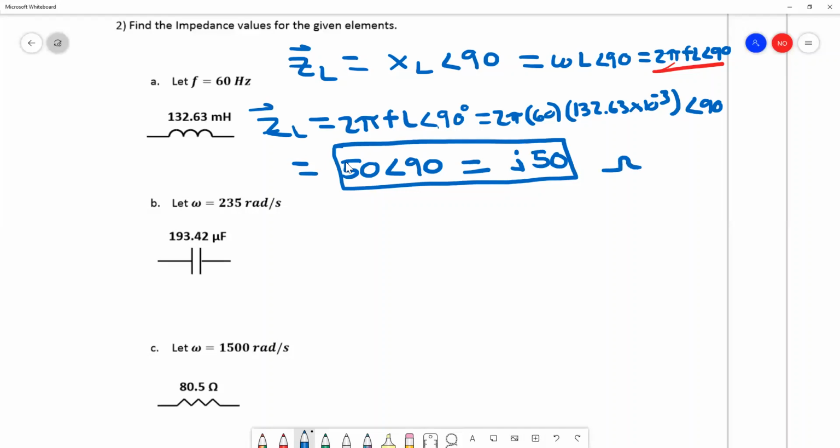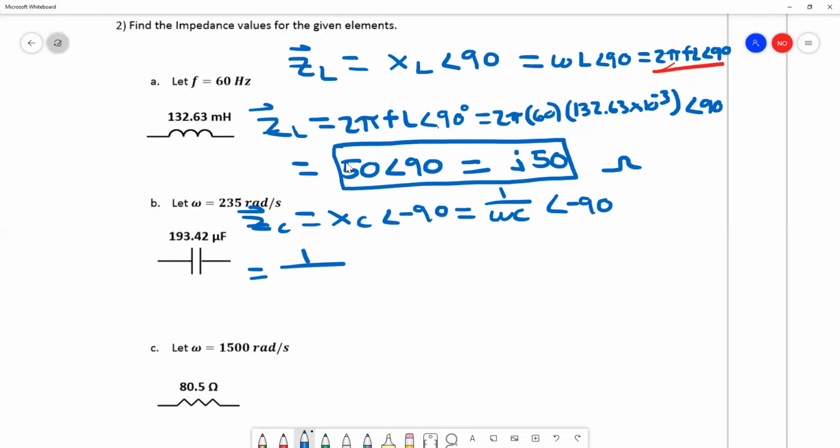So for the next one, a capacitor. Impedance of a capacitor on your equation sheet is XC at an angle of negative 90. XC, given that we have omega as our given variable, we know that it is 1 over omega C at negative 90.